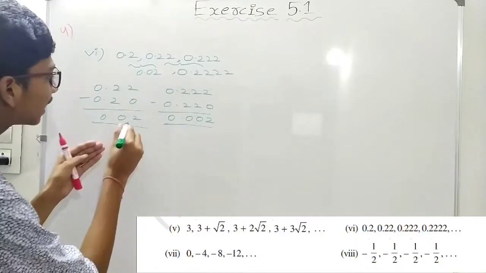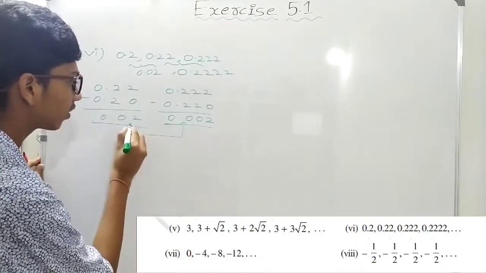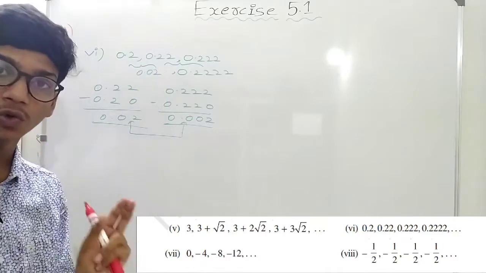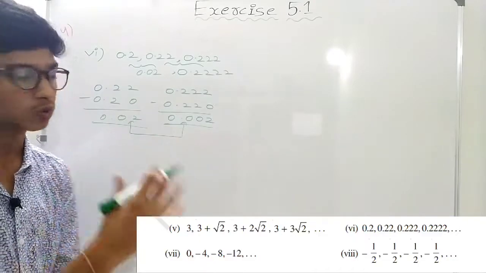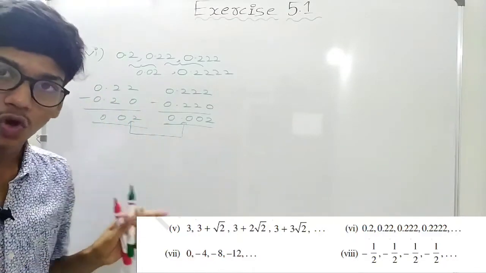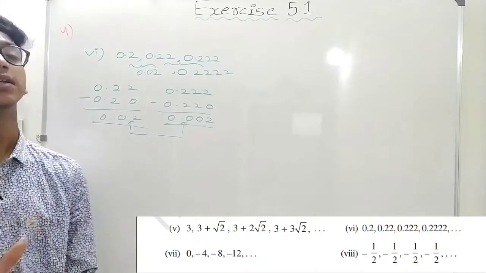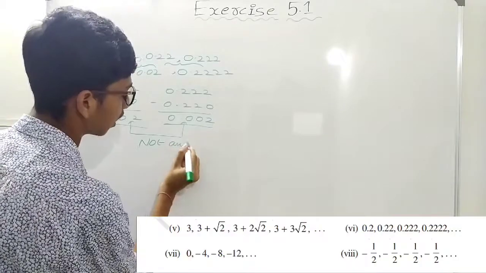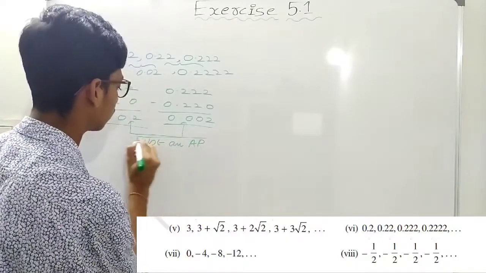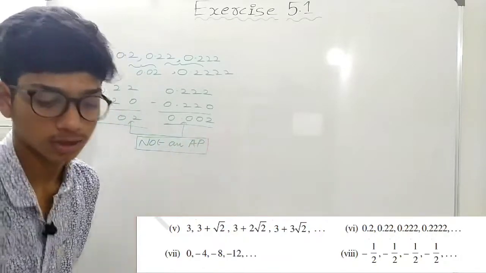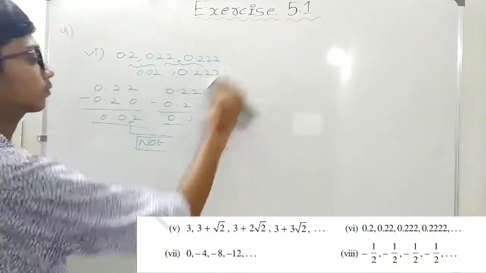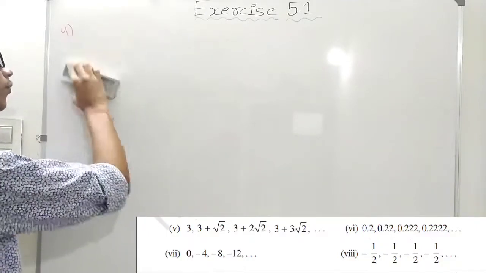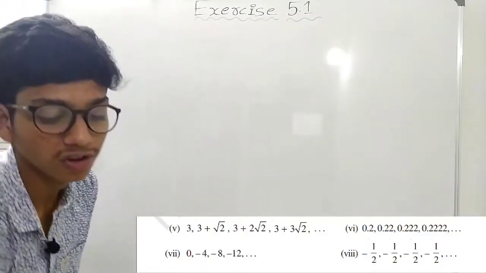Here clearly the difference is not equal. Here the difference is 0.02 and here 0.002. So we can say that it is not an arithmetic progression, not an AP. Check your answer. Many people get confused with decimals.